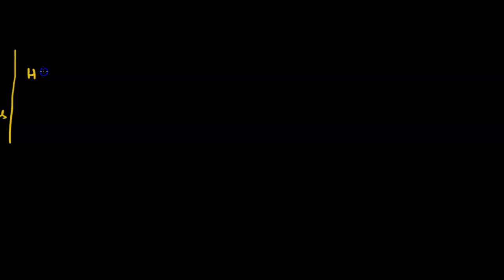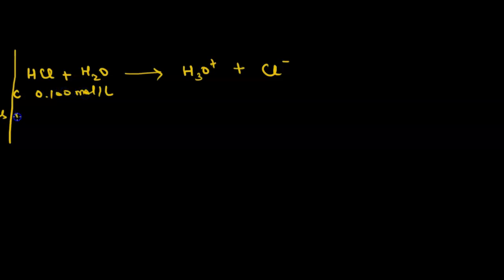Similarly, when we split up HCl in the presence of water, it will give us H3O positive ion and Cl negative ion. The concentration of HCl is also 0.100 moles per liter, and the volume of HCl is given to us as 40 ml, that is 0.040 liters.